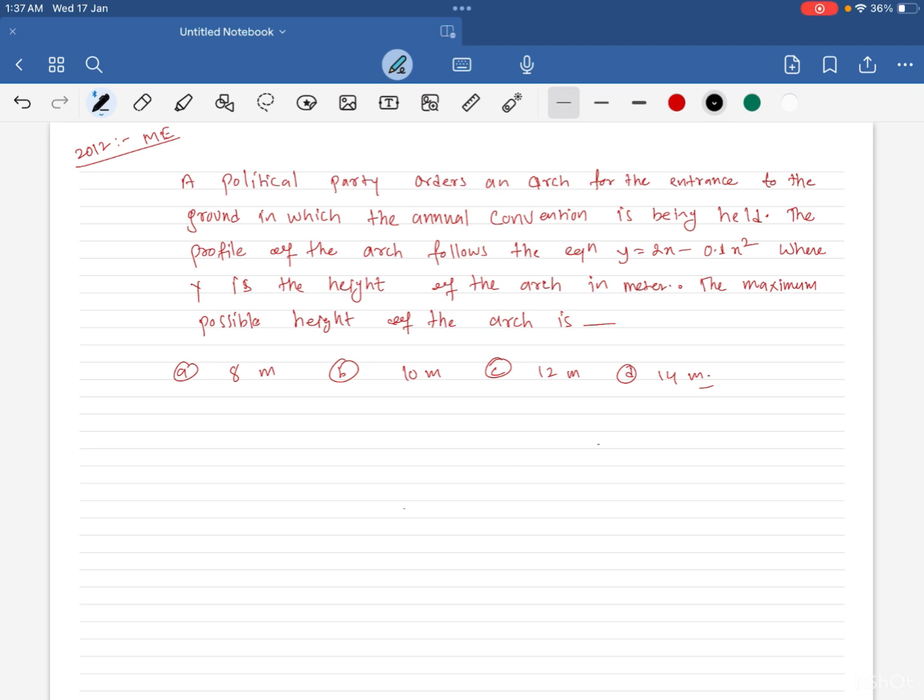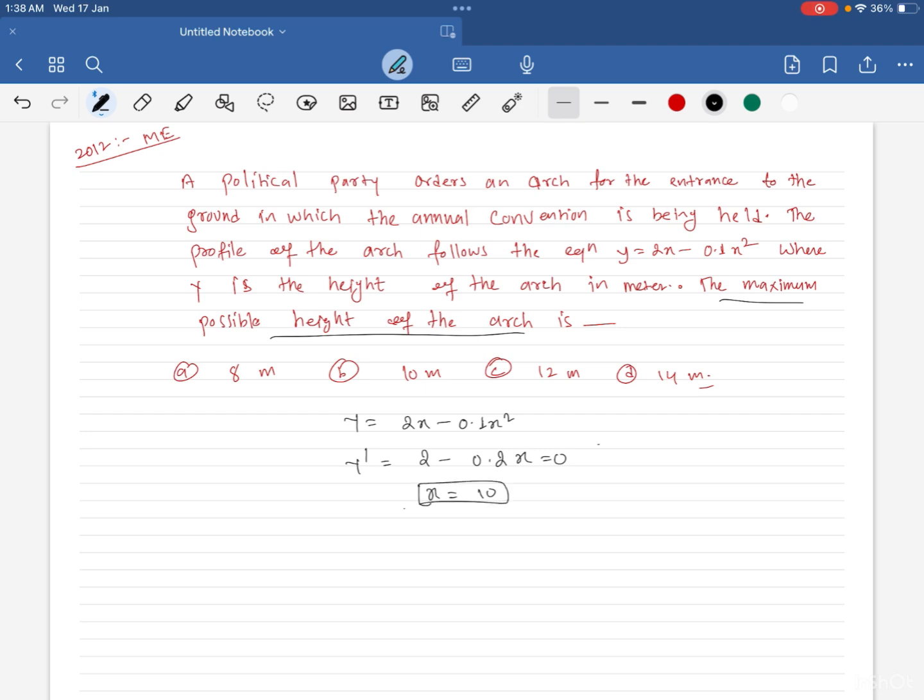We are given that y is equal to 2x minus 0.1 x square, and we have to find the maximum possible height of the arc. So we can take the derivative, that would be 2 minus 0.2 x, and we can equate it to 0, then we will have x, that is a stationary point, that is 10, right?